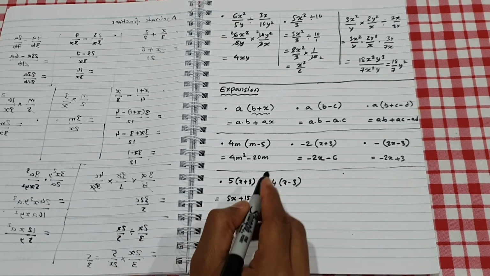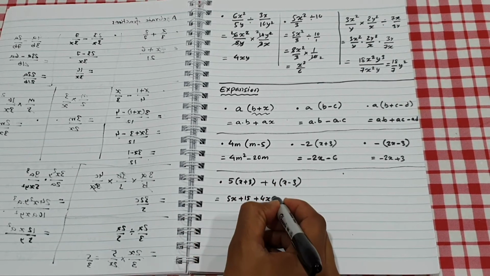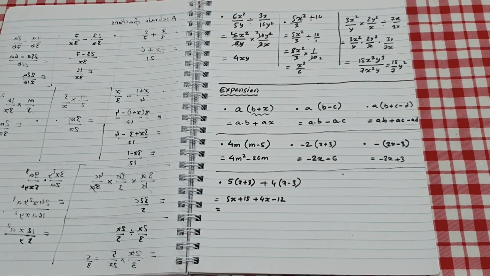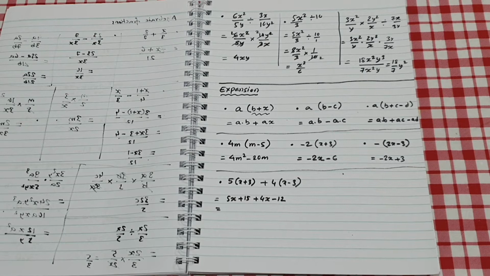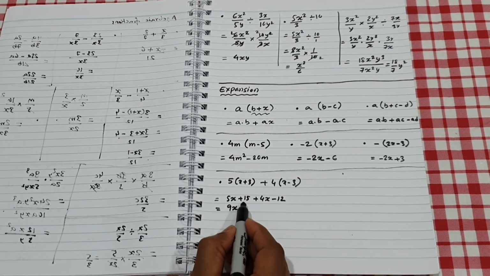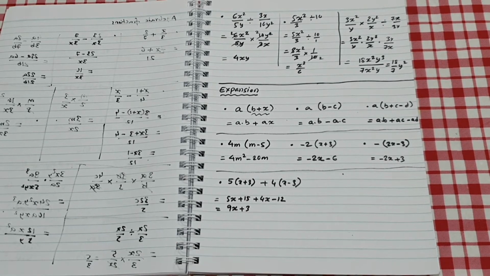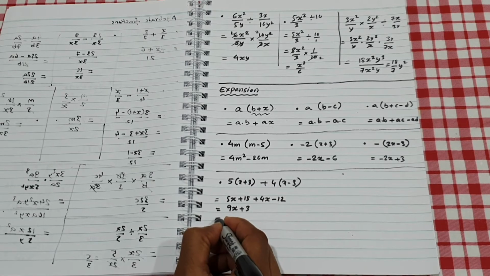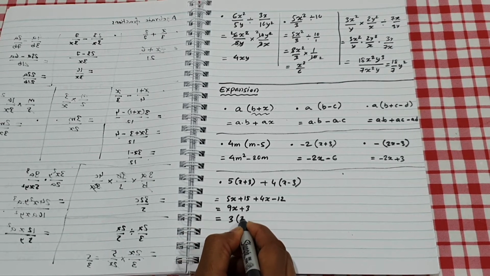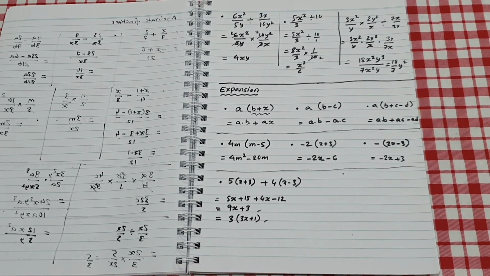Then plus 4 times x is 4x, and 4 times minus 3 is minus 12. Just expand it. Now you can simplify and add similar quantities. 5x plus 4x is 9x. 15 minus 12 is 3. You can further take 3 common, 3(3x plus 1). You can leave it here, or this may be your final answer.